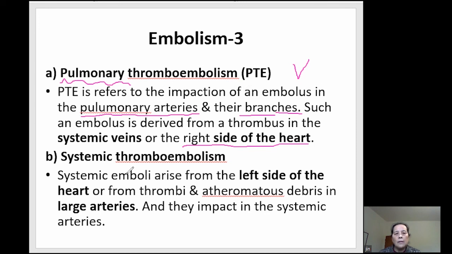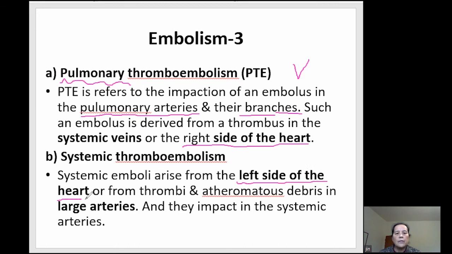If the clot comes from the left side of the heart, it means something happened after the lung, including in the left side of the heart.